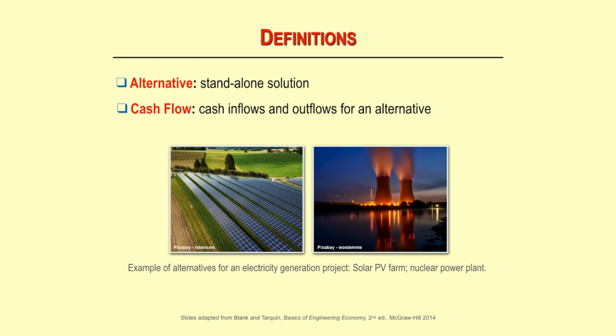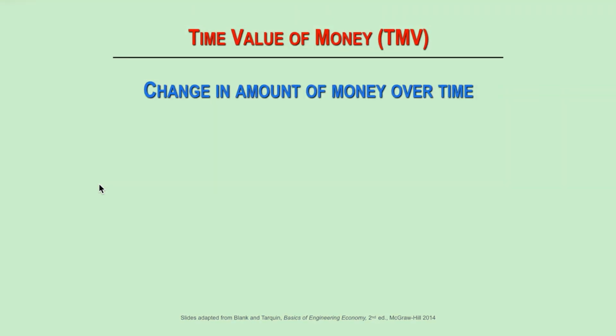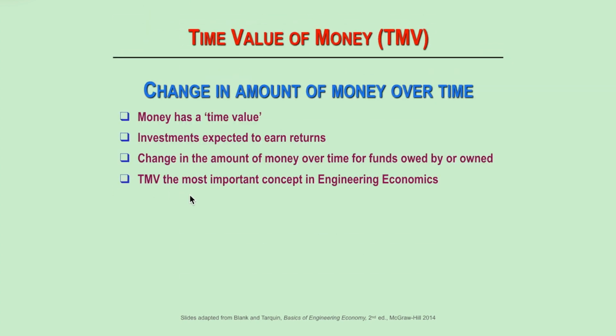Now let us talk about one of the most important concepts in engineering economics, which is the concept of time value of money, TVM. Time value of money says that there is a change in the amount of money over time. So consequently, there is a change in the value of money over time.